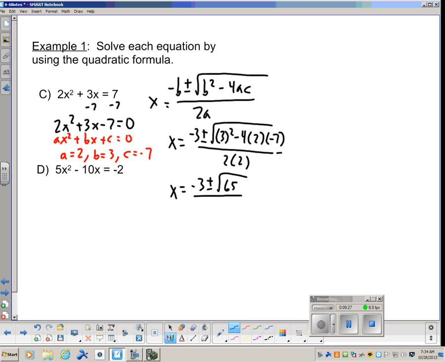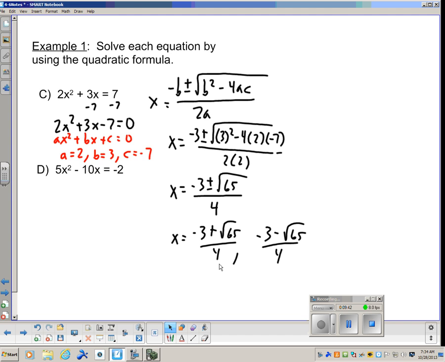And then 2 times 2 down in the denominator is 4. So now I can find my two values, negative 3 plus the square root of 65 divided by 4, and negative 3 minus the square root of 65 divided by 4. So let's find those two values.